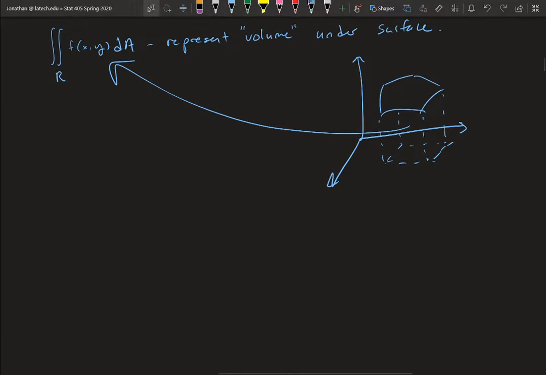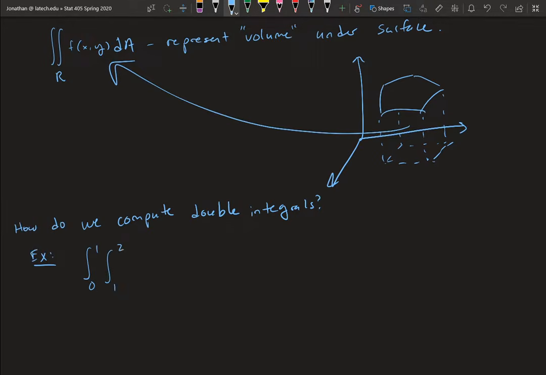So how do we compute double integrals? For example, say you had something like the integral from 0 to 1, integral from 1 to 2, of x squared y plus x y squared dy dx. So how do you compute something like this?